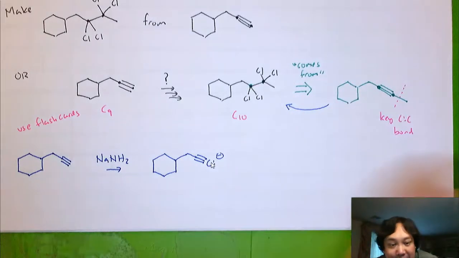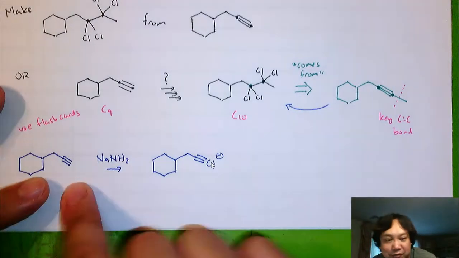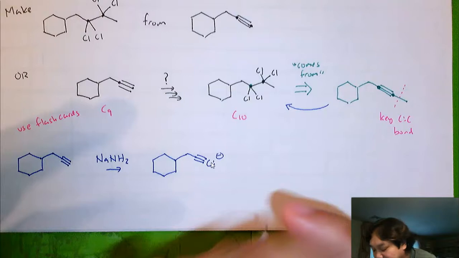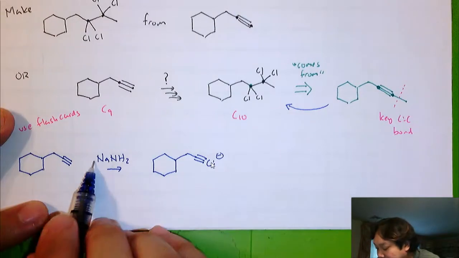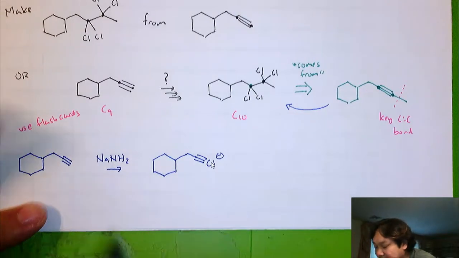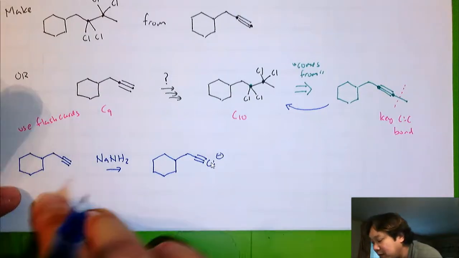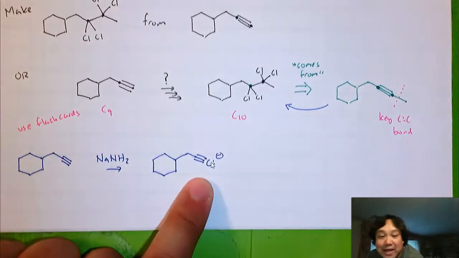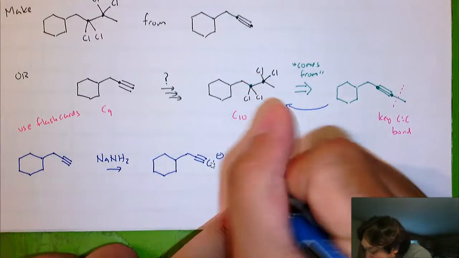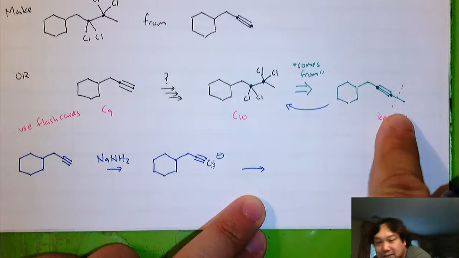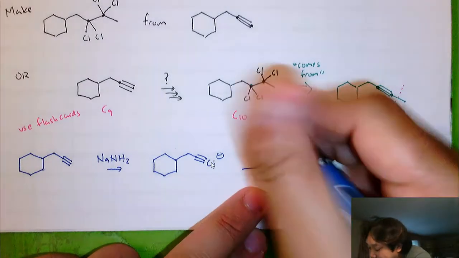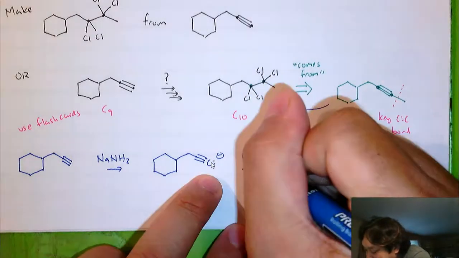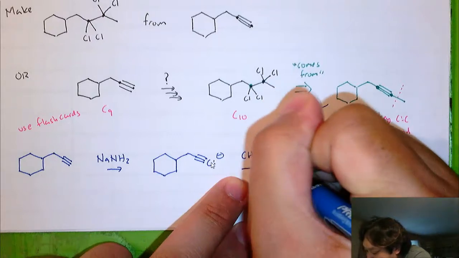Sometimes I'm a little lenient, because if it is a proton transfer, I will allow people to do 1, 2. But for the sake of showing you every single reaction, I'm going to draw out every intermediate. So I get the anion intermediate. The thing is, how do I make this key carbon-carbon bond? By reacting this anion and doing a substitution.